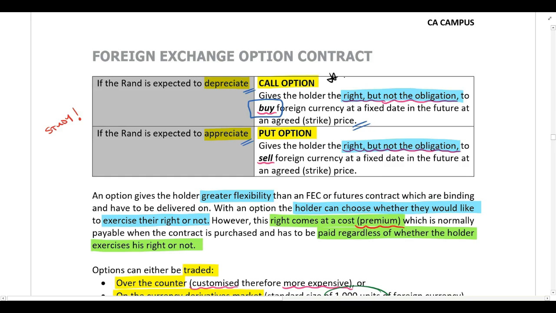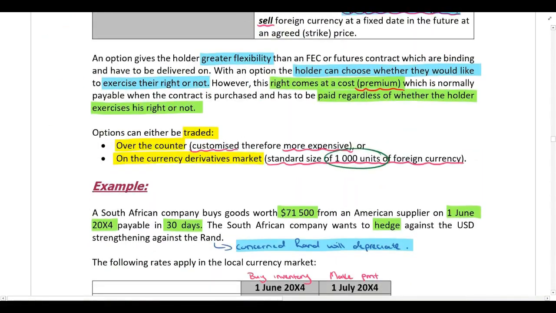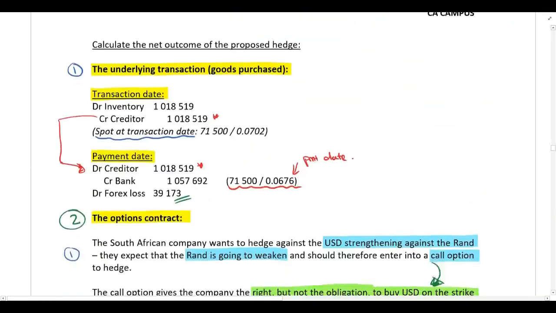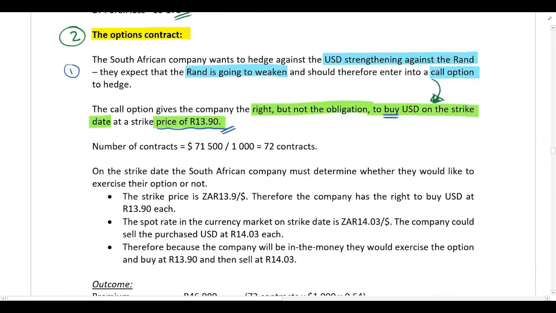We then need to calculate the number of contracts, and because these options are traded on the currency derivatives market, we know we have a standard contract size of $1,000. So in order to calculate the number of contracts, we take the US dollar amount, we divide by 1,000, meaning once again we need 72 contracts.